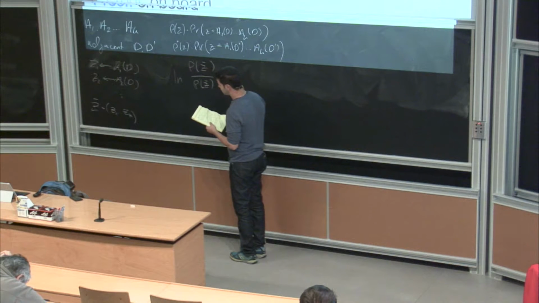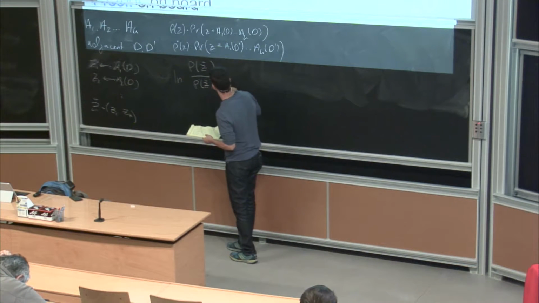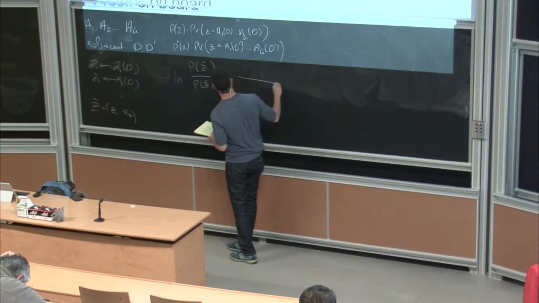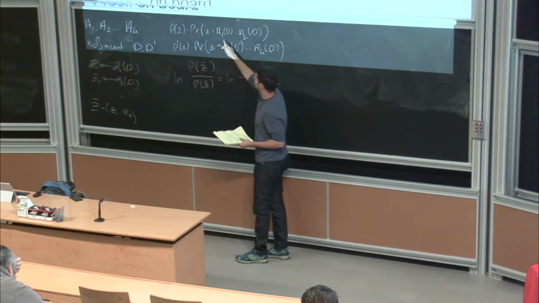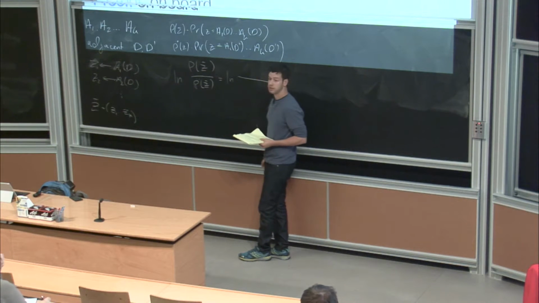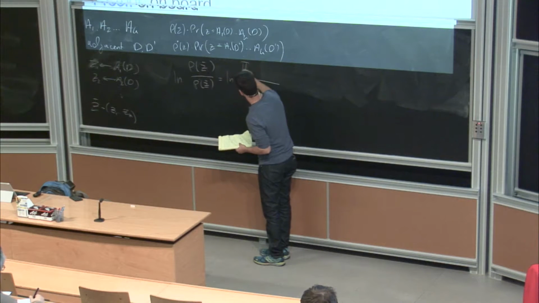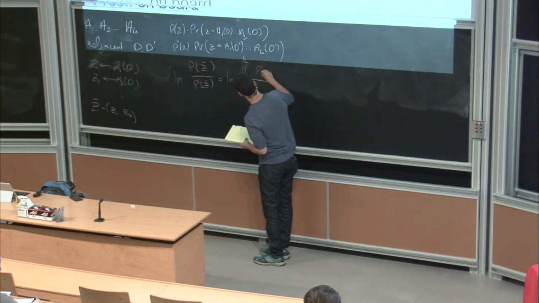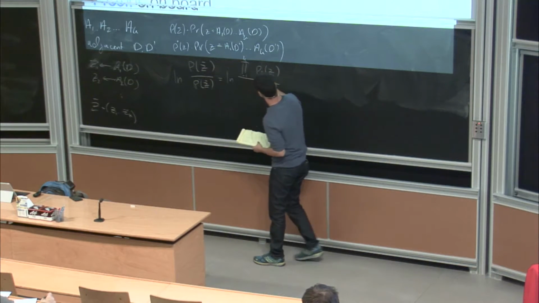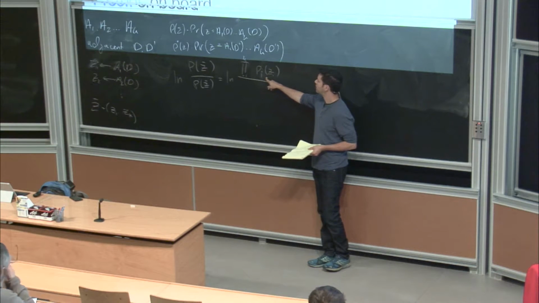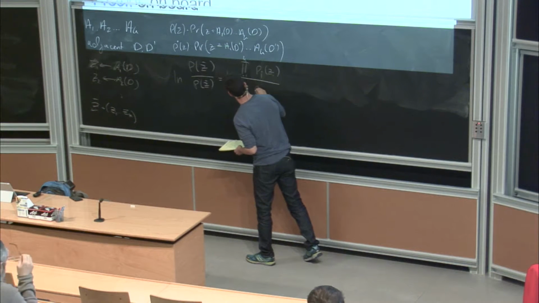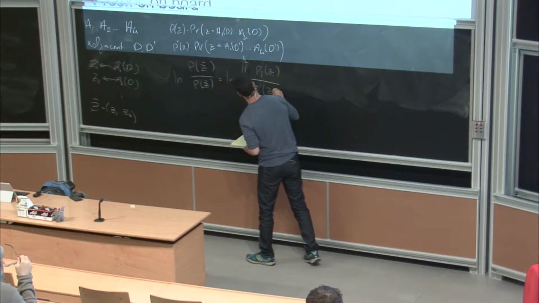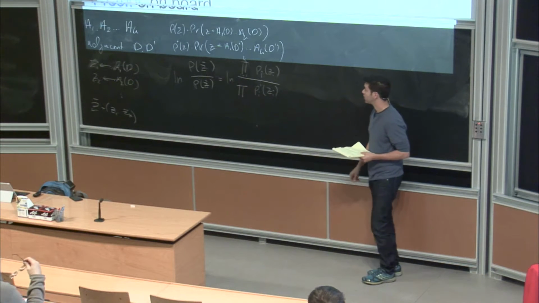Since we're simply running the algorithms independently, the probability that you get the outcome Z when you're running on D is simply the product of all the probabilities when you're running the little algorithms A1 up to AK. So it's just a product, i goes from 1 to k, of what I'll call pi of zi. This is the probability that I get outcome zi when I run the algorithm ai on data set D. And here I have pi prime, which is the same, just running the algorithm on D prime.